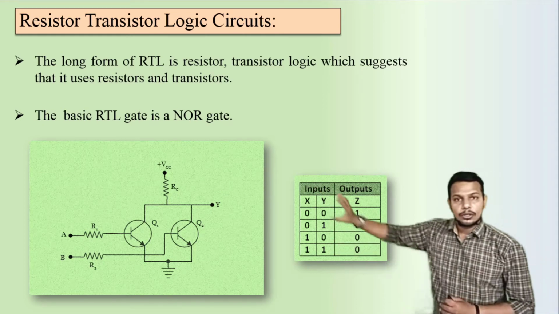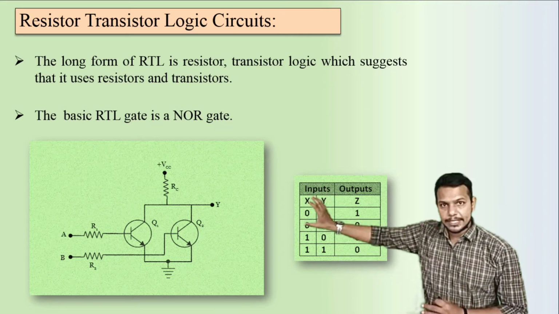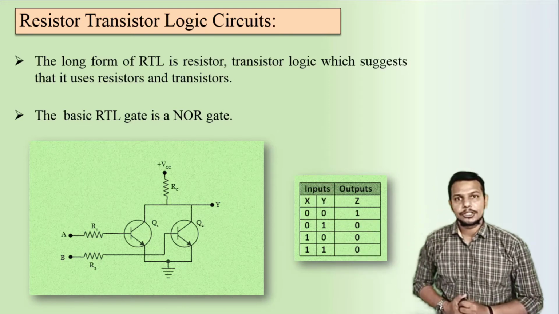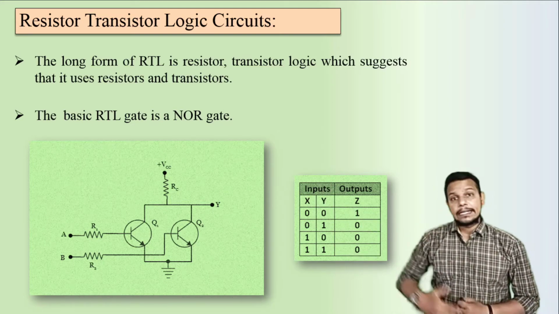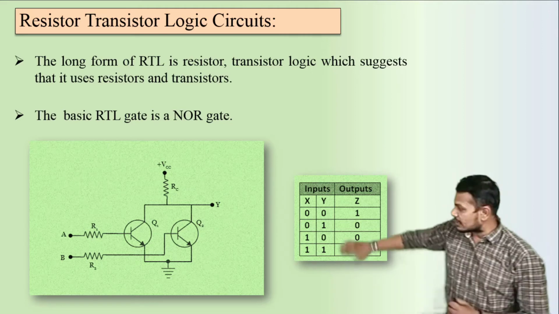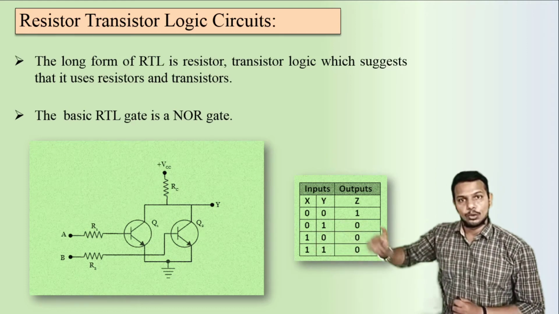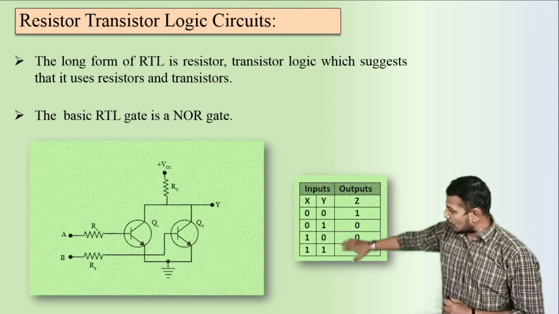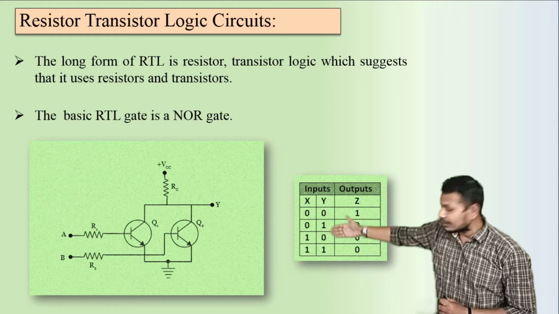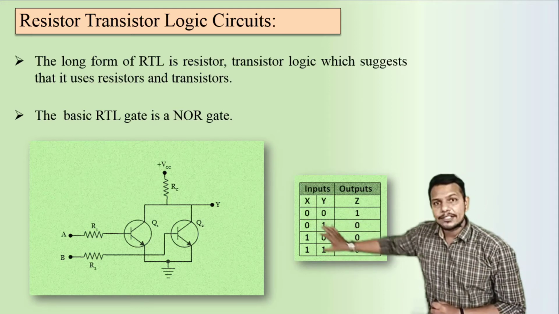Since there is no drop present in the circuit, your VCC will be your output voltage. So in digital form we can say it will be 1. So if A equals 0 and B equals 0, then your output Y is equal to 1.